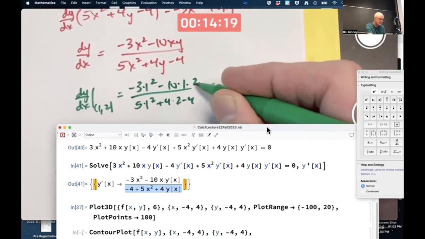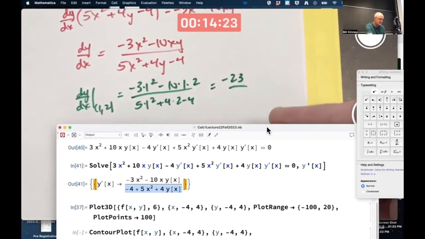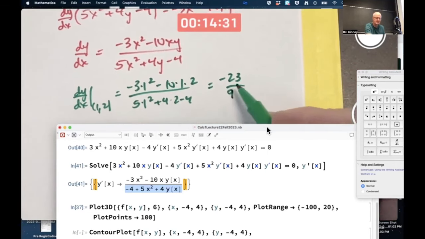That gives me, looks like, negative 3 minus 20 on the top, negative 23. On the bottom, 5 plus 8 is 13, minus 4 is 9. Looks like the slope is negative 23/9.